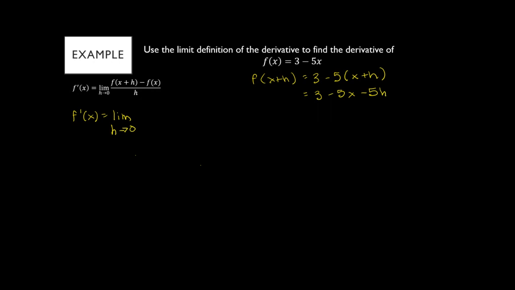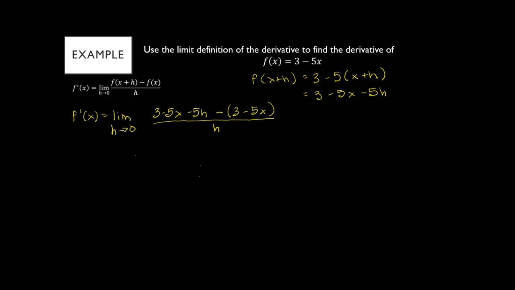So we have f of x plus h, so that's 3 minus 5x minus 5h minus f of x. And always put that in parentheses, because you're subtracting the whole thing. So you need to actually distribute that negative. And then this is over h.